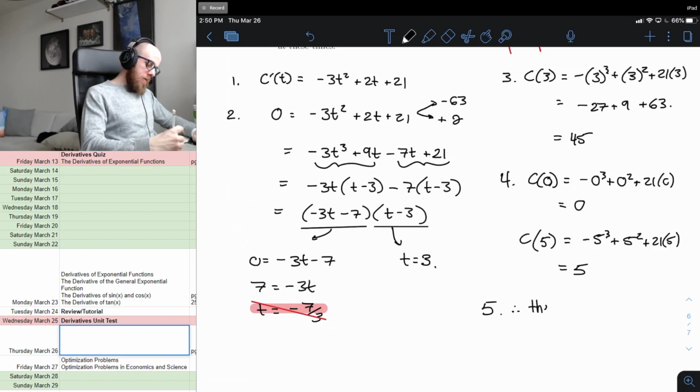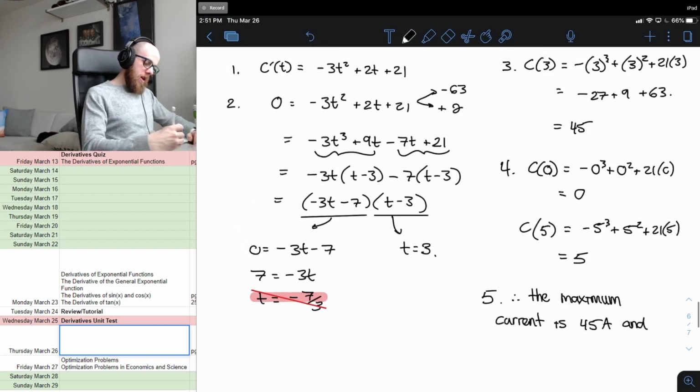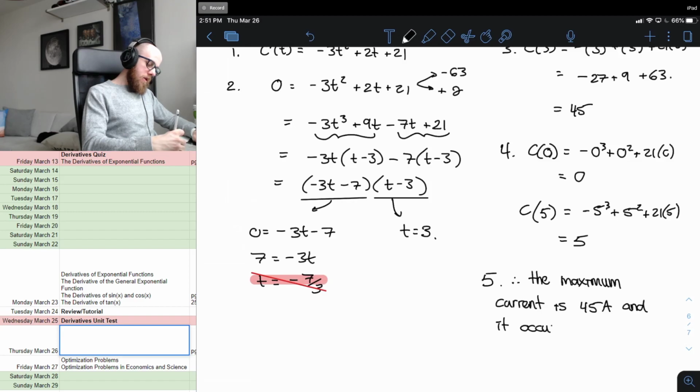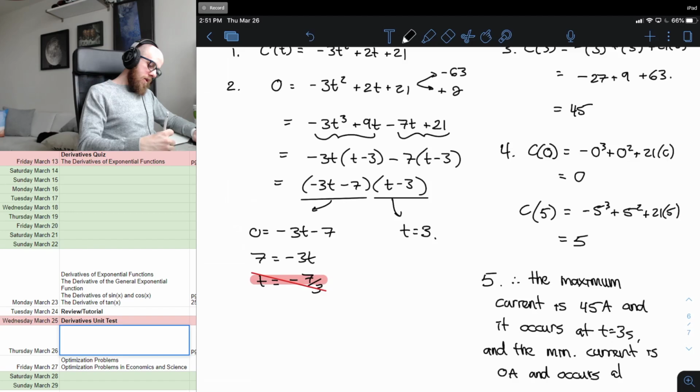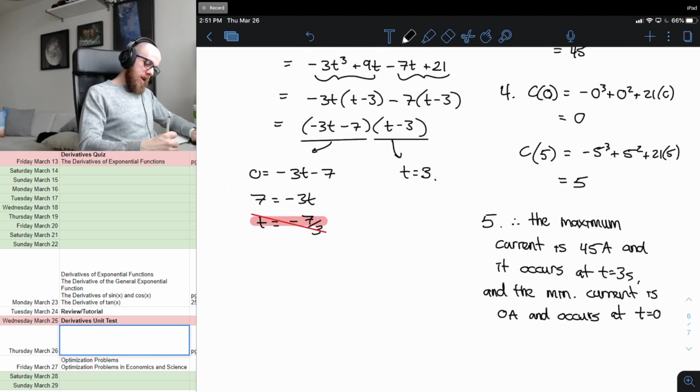So therefore, the maximum current is 45 amps, and it occurs at t is equal to 3 seconds, and the minimum current is 0 amps, and occurs at t is equal to 0 seconds.